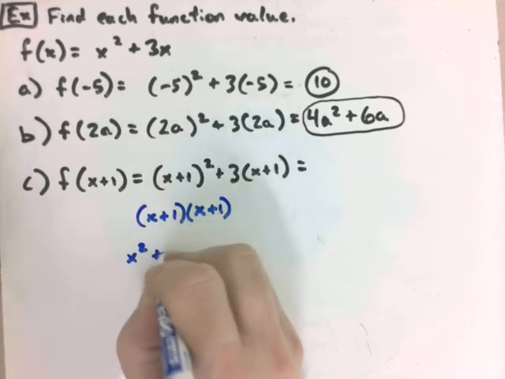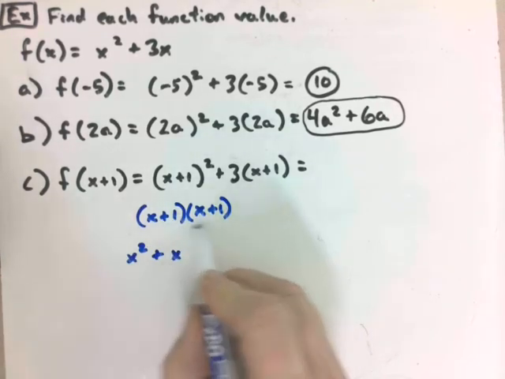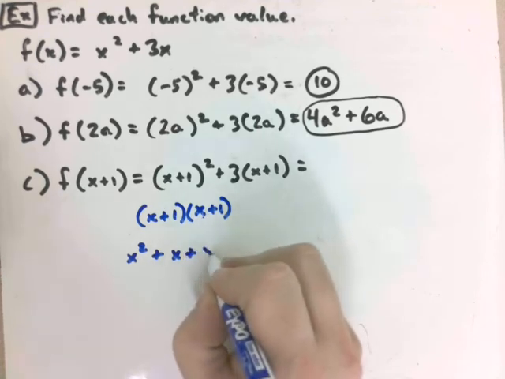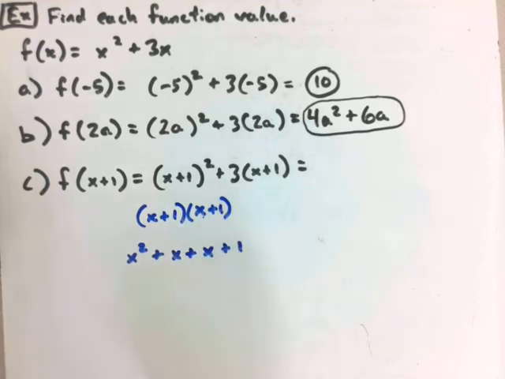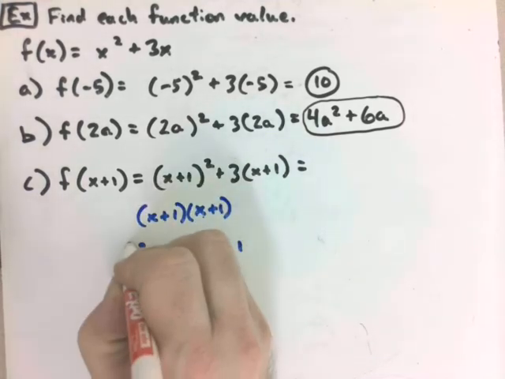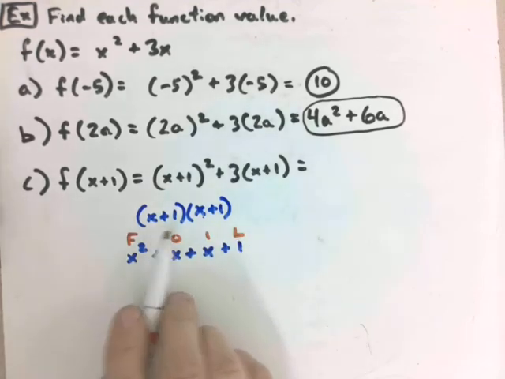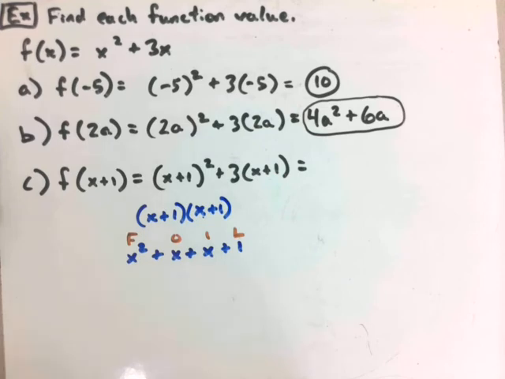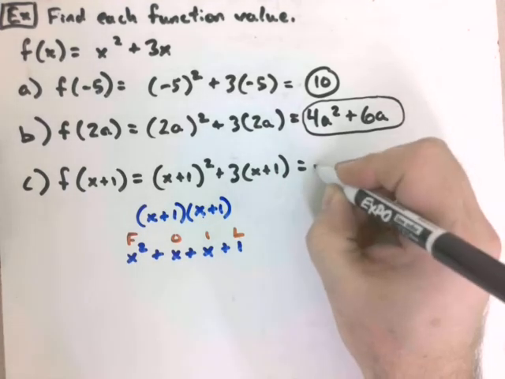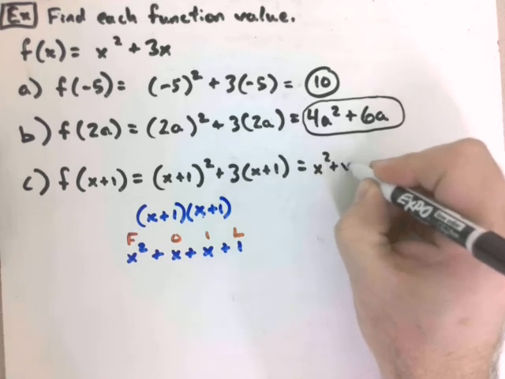X times 1 gives me a 1x. 1 times x gives me x, and 1 times 1 is 1. So in terms of evaluating this and calculating, we do have to remember that this is a binomial times a binomial, so we will get those 4 terms when we FOIL that out. I'm just going to copy those up here.